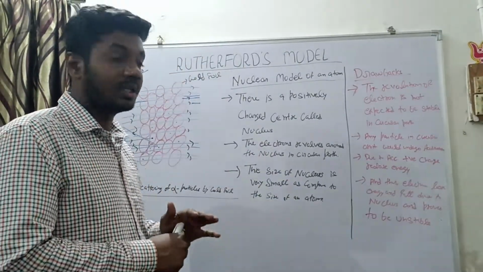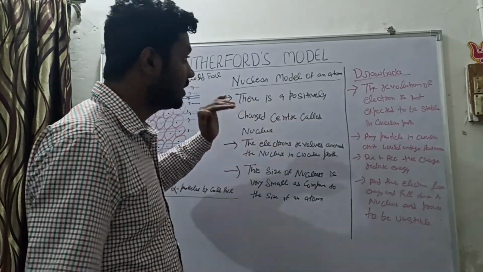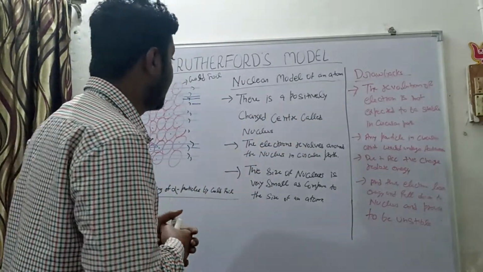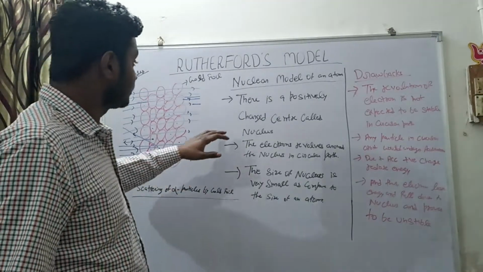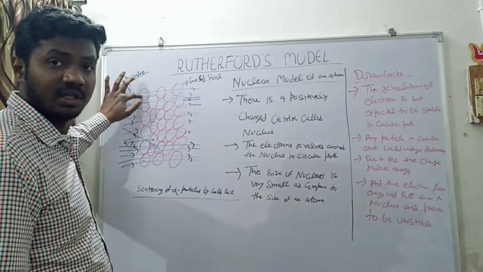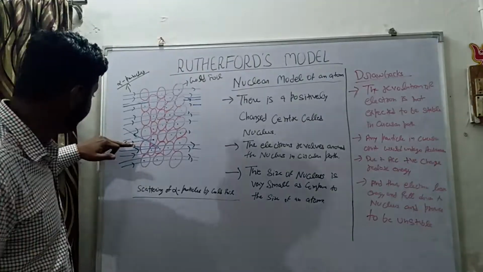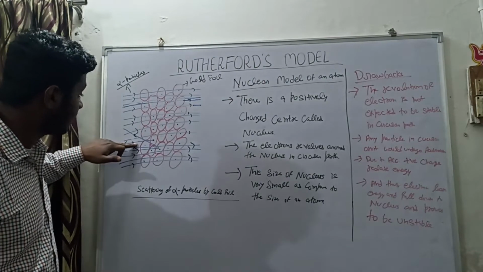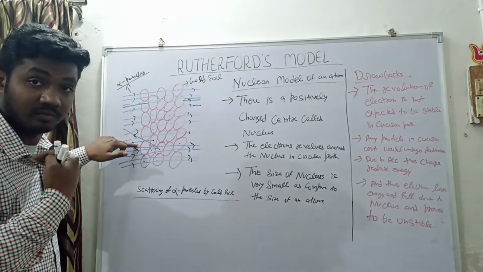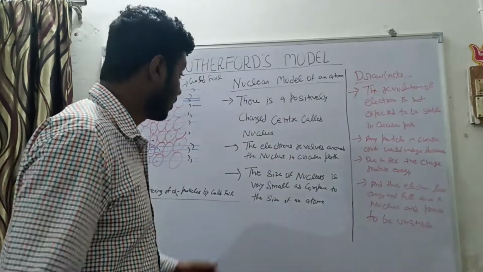He proposed that there is a positively charged center called the nucleus, and this point, from which the 180-degree reflection came, is a positively charged center called the nucleus, according to his theory.